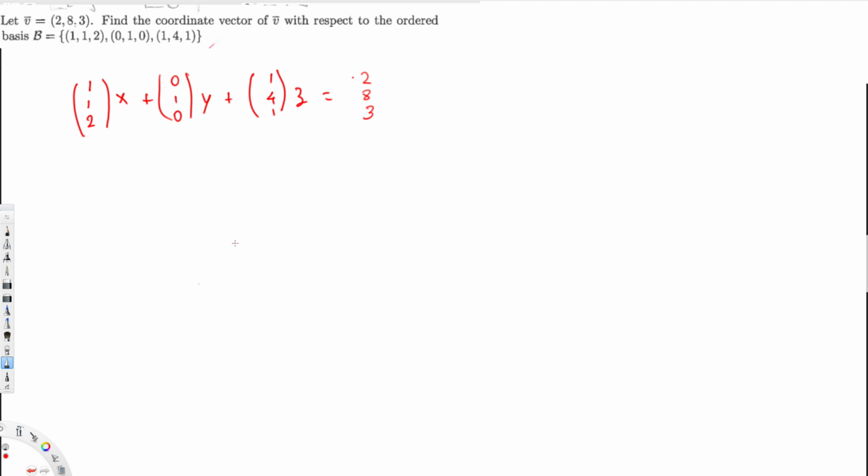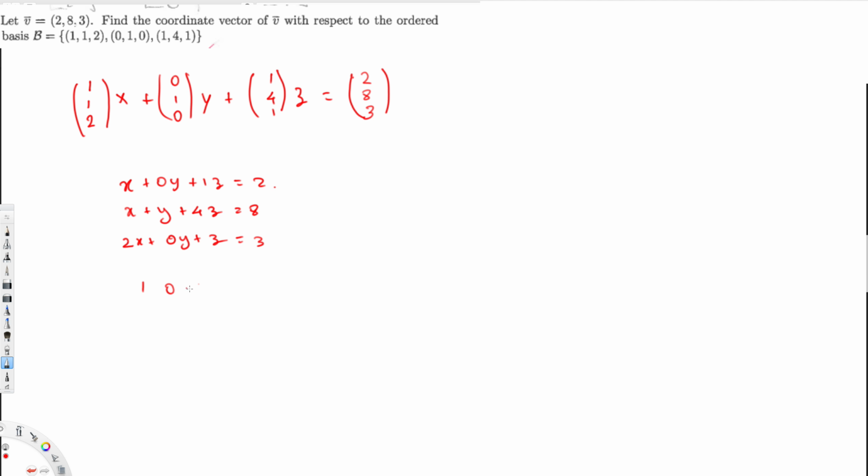Then from this we can form three equations. The first equation is going to be x plus 0y plus 1z is equal to 2. The second equation is going to be x plus y plus 4z is equal to 8. The third equation is going to be 2x plus 0y plus z is equal to 3. Now I have to bring this into matrix form.